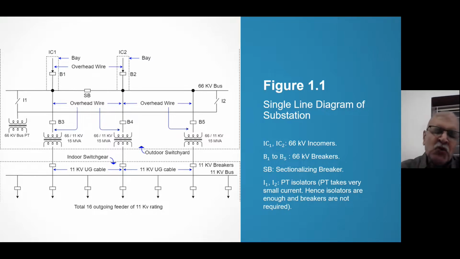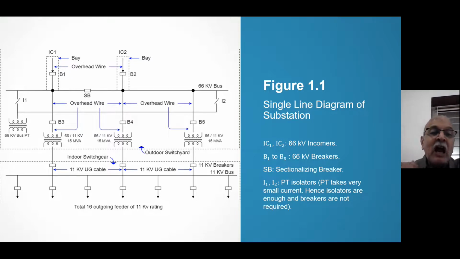So they are exposed to heat, cold season, and rain also. That you have to remember, right? From 11 kV onwards, it is indoor. So 11 kV switchgears are indoor. That I know from this.